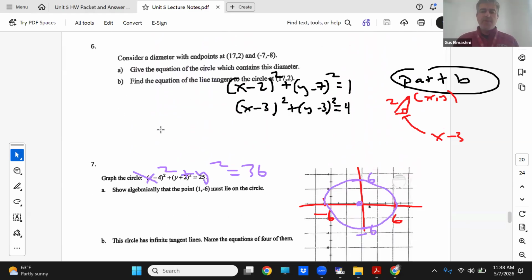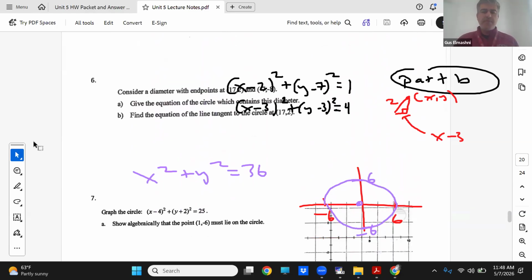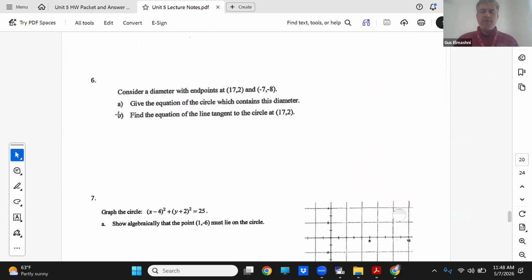Okay, I think I should actually give you guys some guidance for number 6 as well, and then you'll have to try number 7. For 6, there's a little bit of work you have to do. The points are (17, 2) and (negative 7, negative 8).